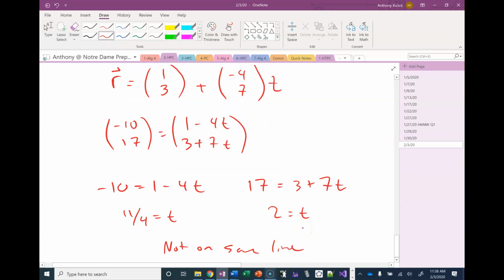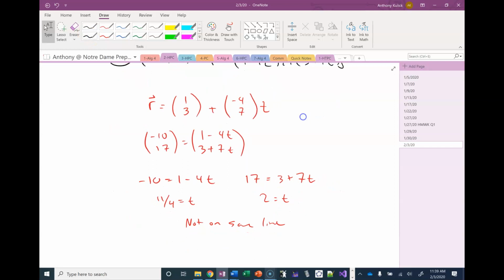And since I get different values for t there, I know that they're not on the same line. How's that, Brockton? That's good. Were you clear on how we did everything there?